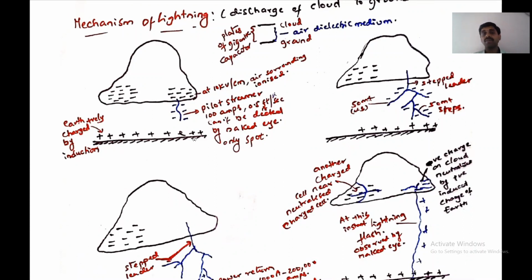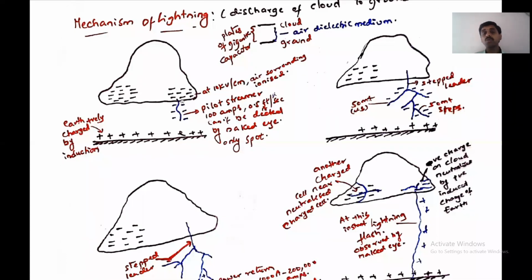The maximum electrical field in air is 30 kilovolts per centimeter, but at 10 kilovolts per centimeter, the air surrounding this cloud will be ionized. For the discharge, a puncture in the air is required, which means ionization should take place.